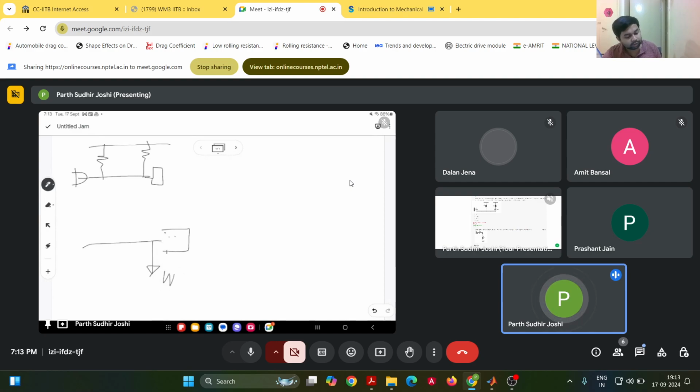So we can actually consider gravity here, but it is not playing a part in the dynamics, because it is just causing a static deflection. The magnitude and direction of the force will not vary.